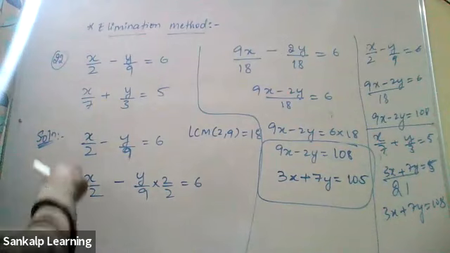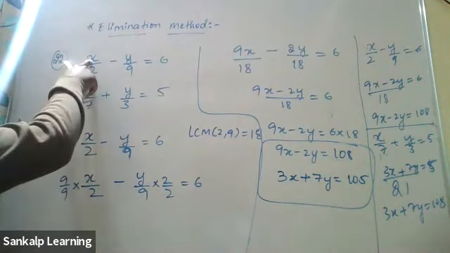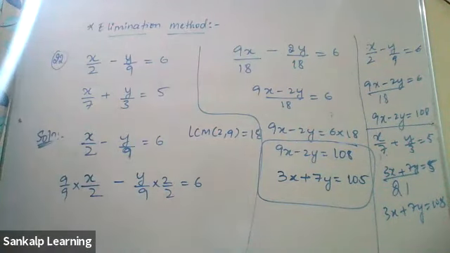Simple, here they are in fractions. The x coefficient and the 1/2, it is in fraction. So you have to make it an integer by taking the LCM.